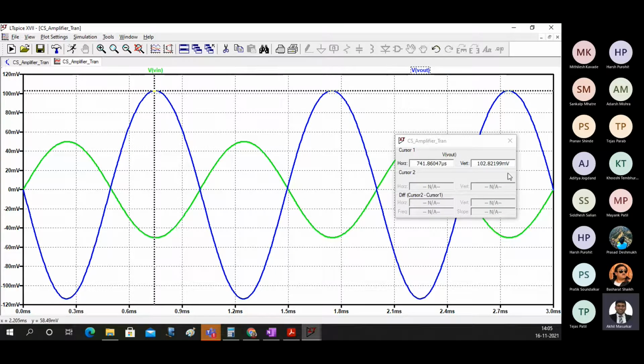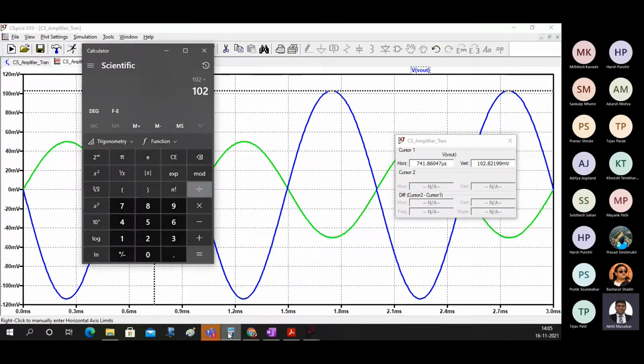If you note this value, that is 102, and input is 50 millivolts, then 102 divided by 50 will be 2.04. So around that much is what we have calculated.